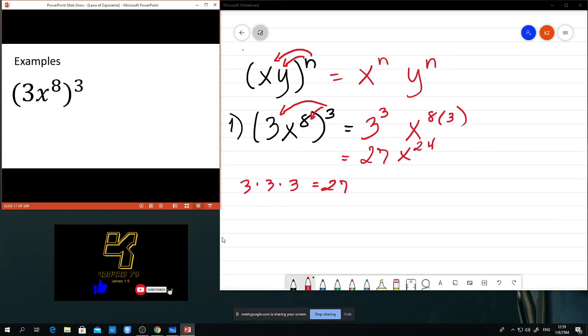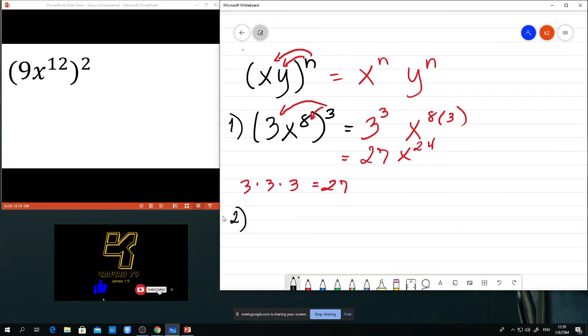Okay, let's proceed. Number 2. We have 9x to the power of 12, quantity to the power of 2.